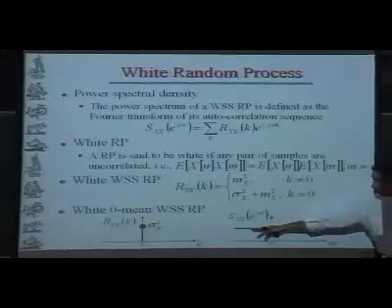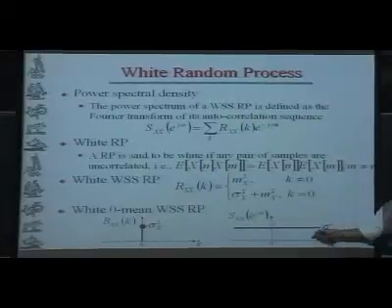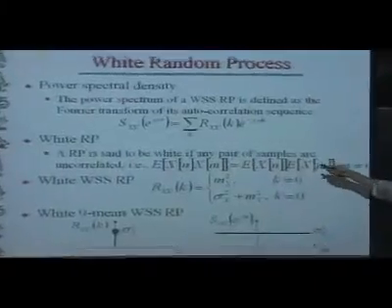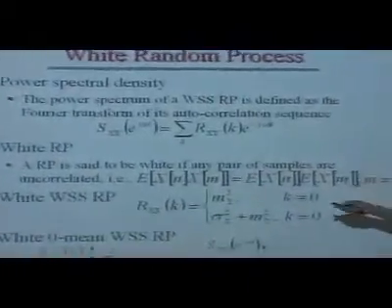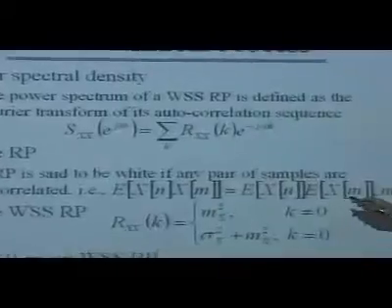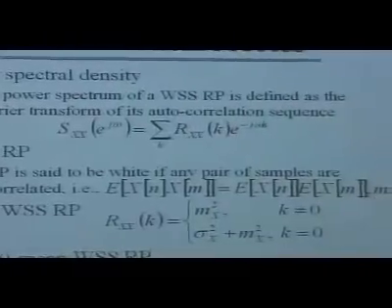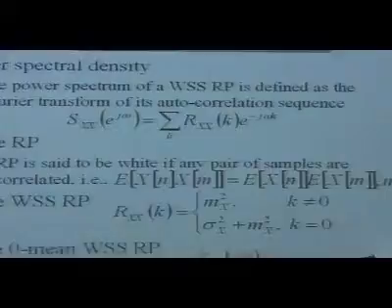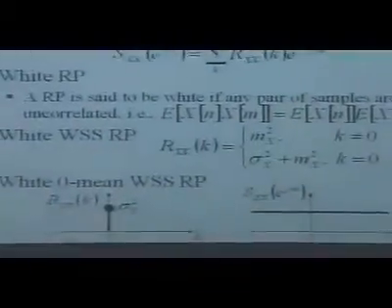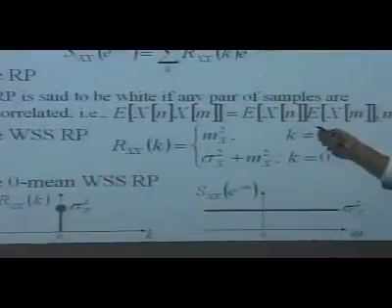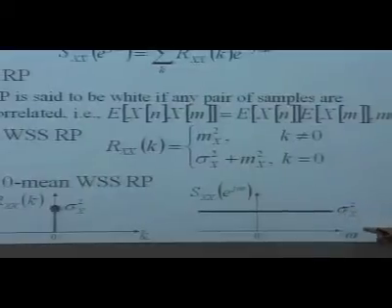If we define the power spectrum of a wide-sense stationary random process as the Fourier transform of Rxx, and when we plot it, we plot this. We take this through the Fourier transform. You studied this, right? Put it through the Fourier transform, you're going to show that Sxx looks like this.